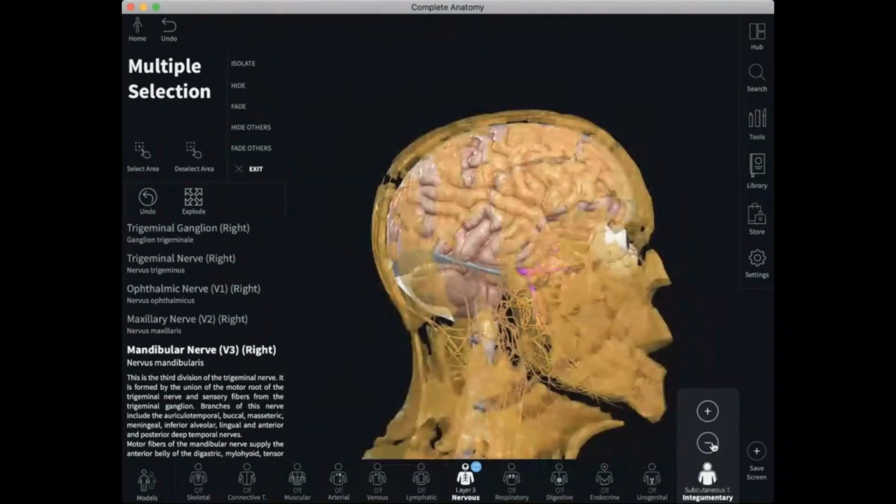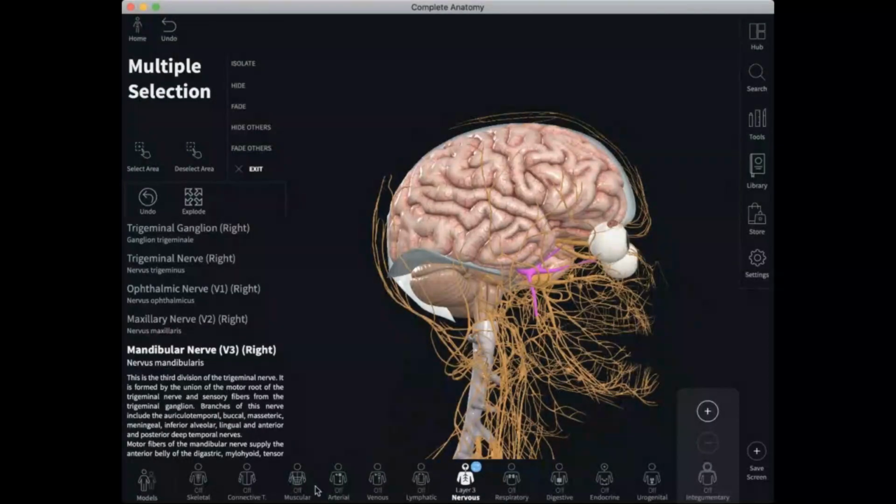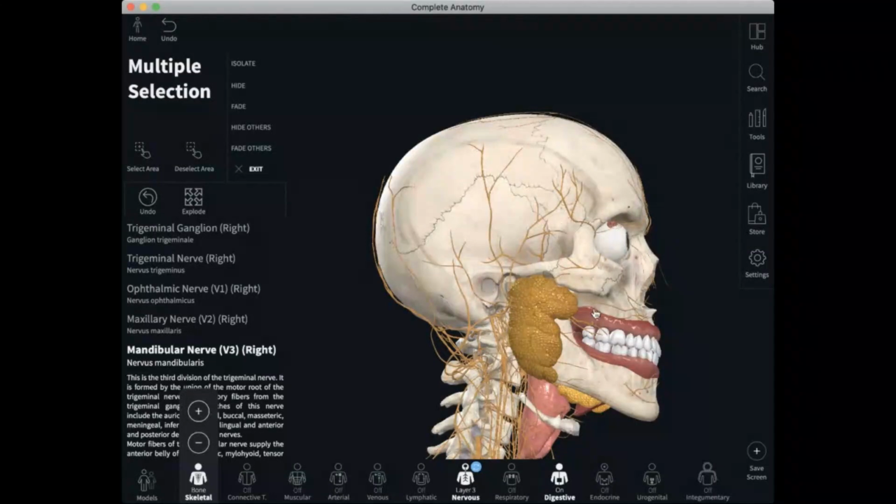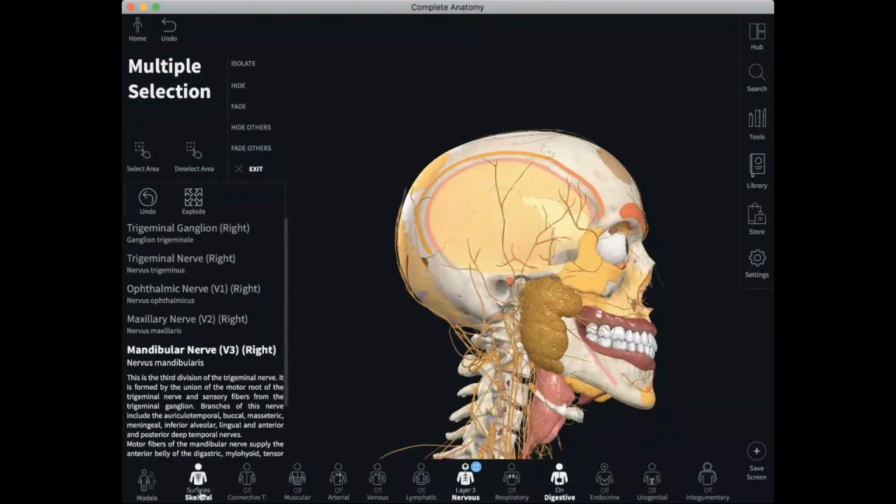Now we will see how this nerve supplies the teeth. For example, if I keep the teeth here, I want to show you the teeth.